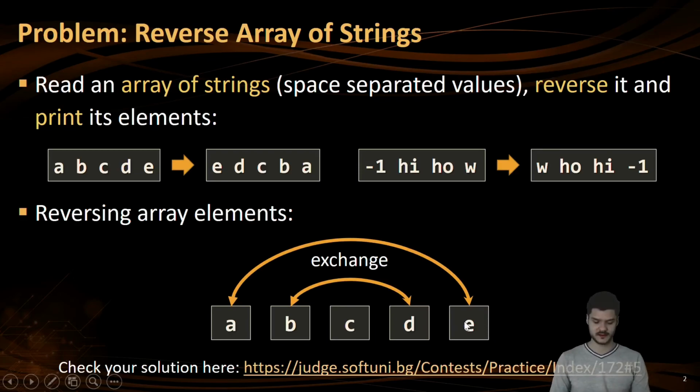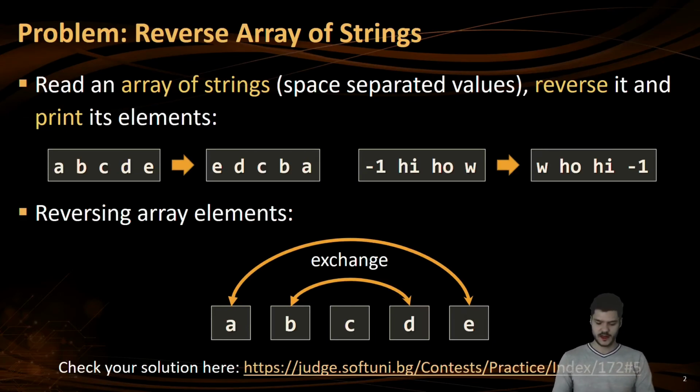How we can pass this is, with every iteration, we can just get the array length minus the first index, because here the first index is 0. In the first iteration we have 0, and then we get the array length minus 0 minus 1, because we start from 0.